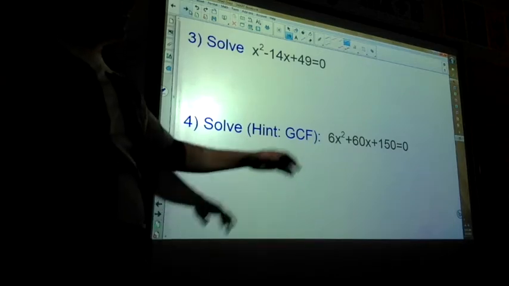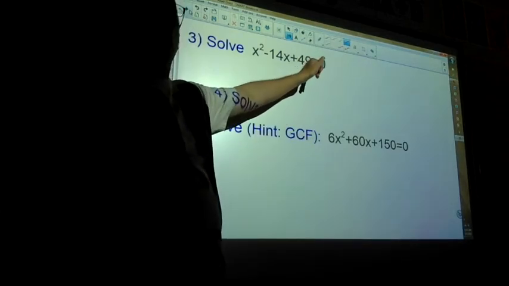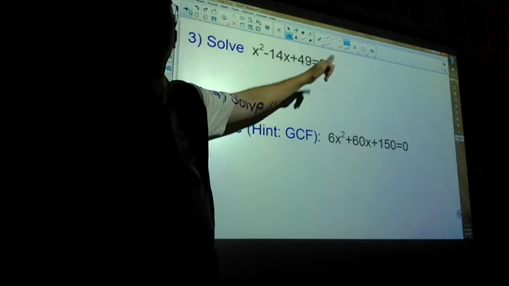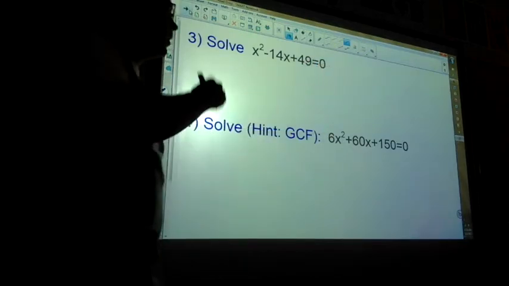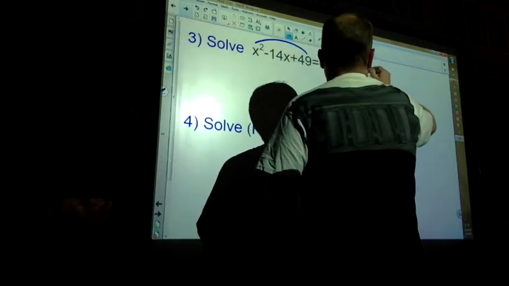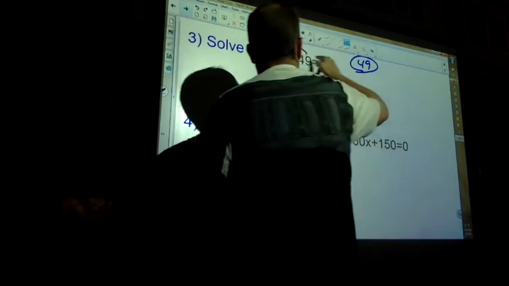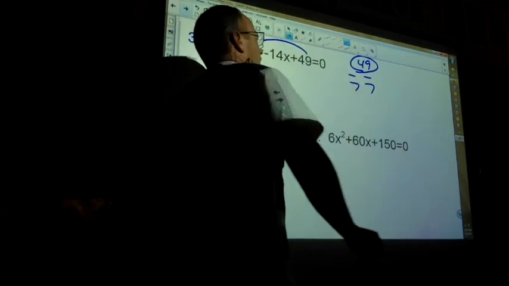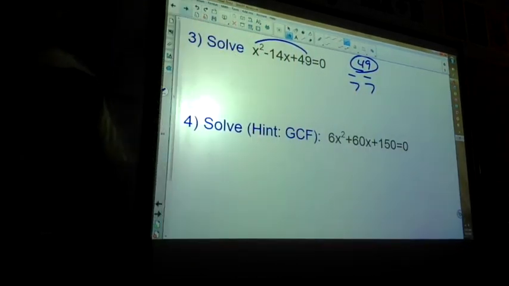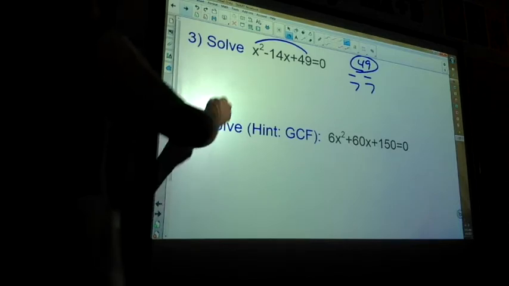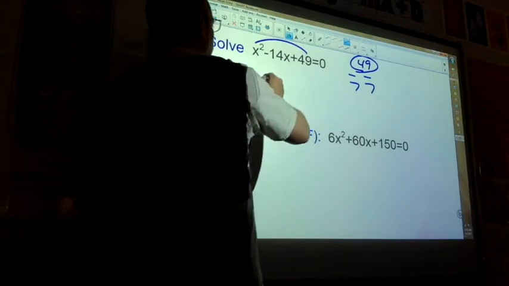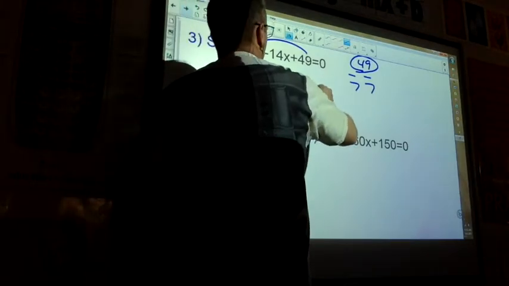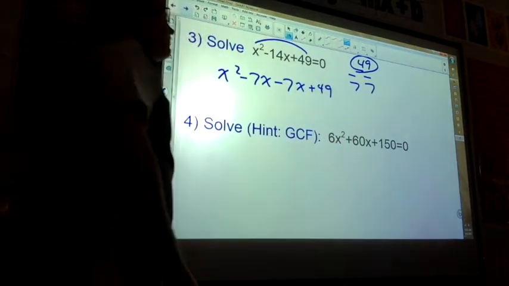So things that I would look at on here. That's a perfect square. Agree? Because 7 times 7. Our magic number is 49. In order to get a positive 49, and this is negative, both sides need to be negative. So if we just use the 7 and the 7, is negative 7 plus negative 7 negative 14? It is. What do you think?